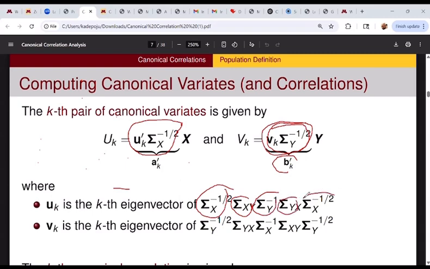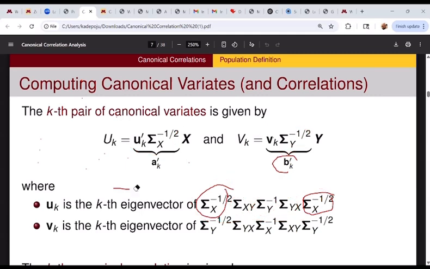Then after obtaining those, you multiply all of this, and this is going to be a matrix. The eigenvector of this is what we call UK, and the eigenvector of that is what we call VK. So what we're trying to do here is get the kth pair of canonical variates. That's what I mean.